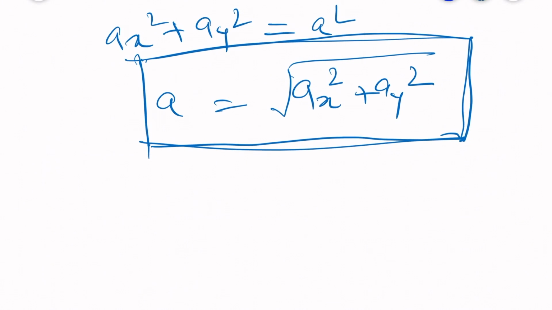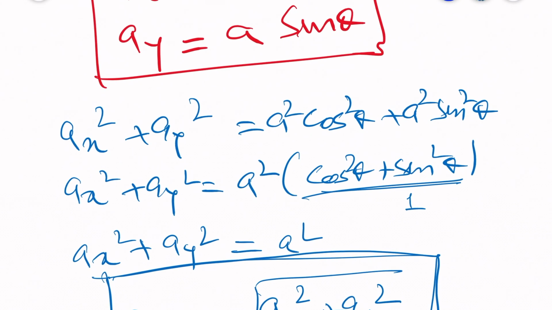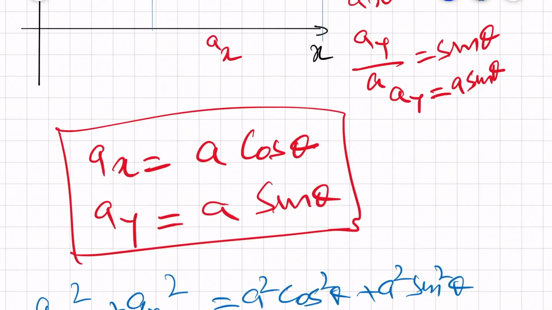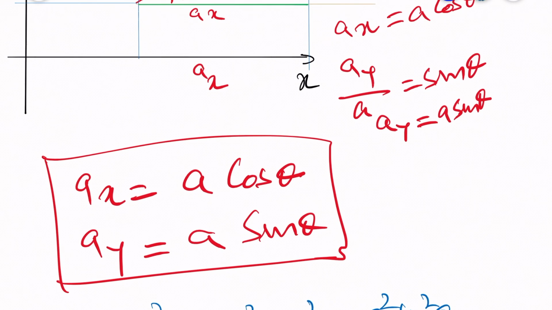Now the only thing that is left in this series is, if we were given the components of the vector, how do we find the angle theta? We can very clearly see one has cos theta, other has sin theta, or even just go to basic trigonometry. What is tan theta? Tan theta is perpendicular upon base, which is nothing but Ay upon Ax, which you can get from this also.